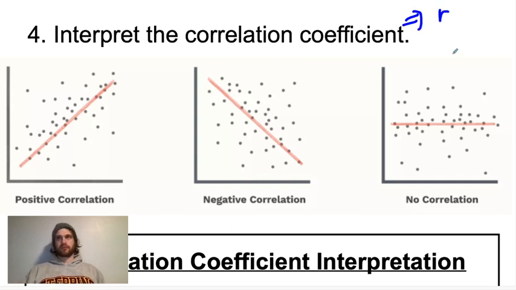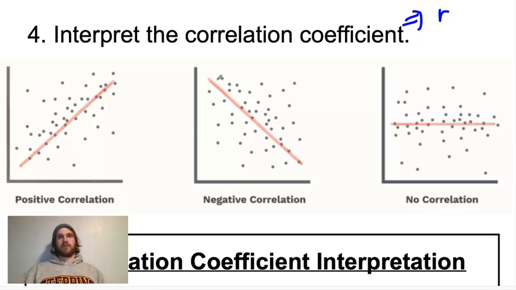R squared is called the coefficient of determination. So this is what positive correlation looks like, and it doesn't look like super strong correlation here. You can go to the Guess That Correlation website. I can't remember if I linked it on my website, I probably did, but that might be a good practice for understanding.